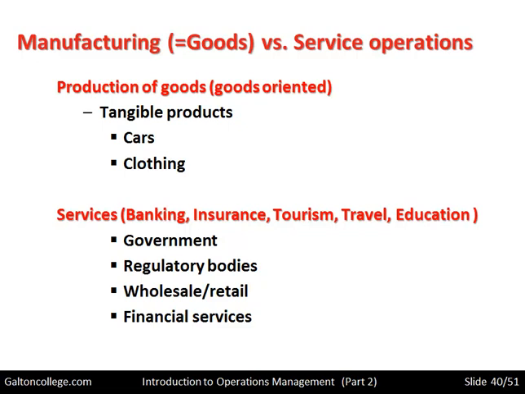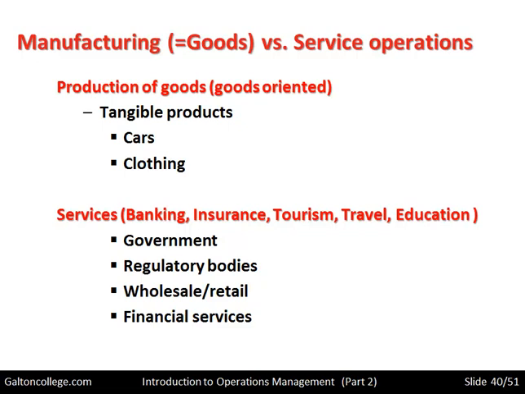Someone is facilitating something. The government is passing laws and bringing order to society. The wholesaler is providing a service in buying the output from the company and breaking the bulk into smaller portions which can then be sold on to the retailer. It's a service.